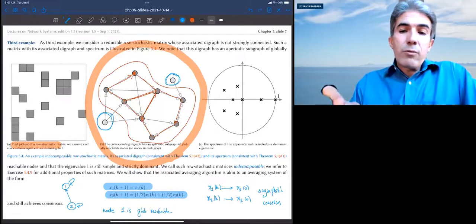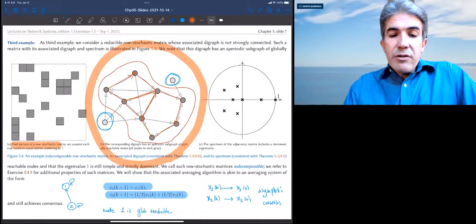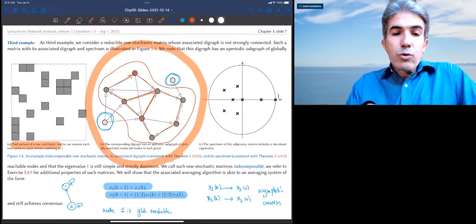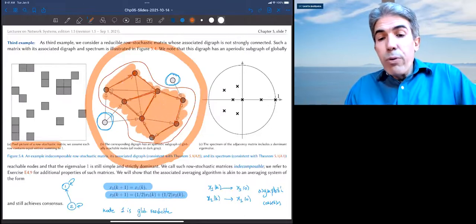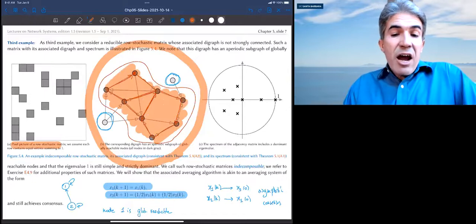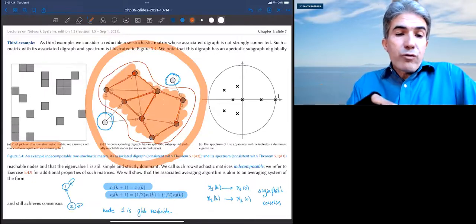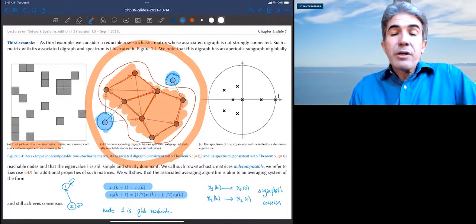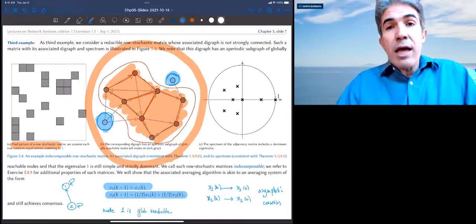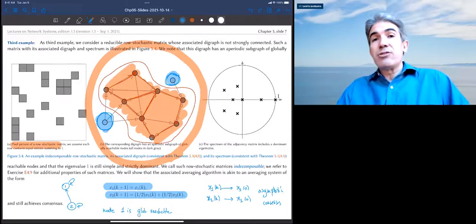So what I'm trying to say here is that these nodes enclosed in the surface here, in the closed curve, form a strongly connected component. And they are globally reachable because also from the other two nodes, the one on the right here and the one on the left, there exist directed paths to any node inside the strongly connected component.